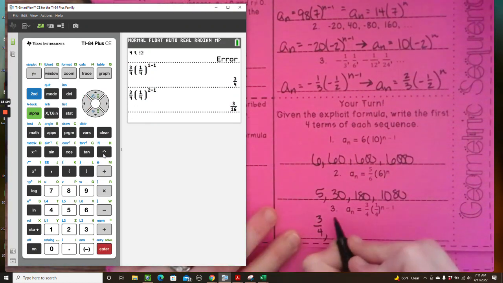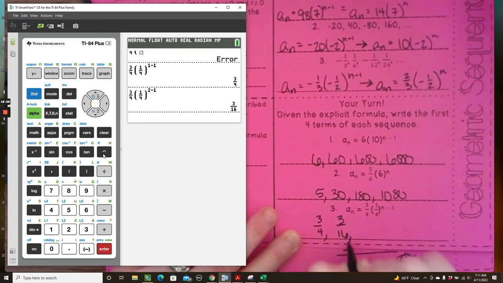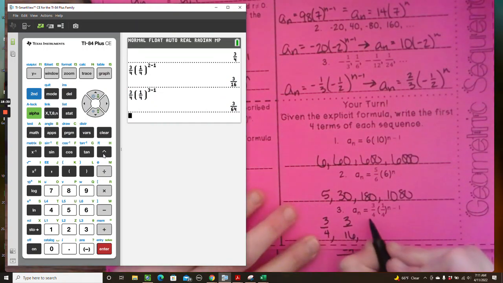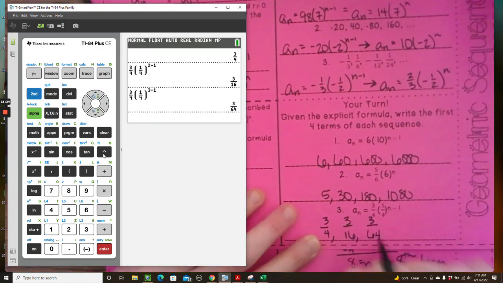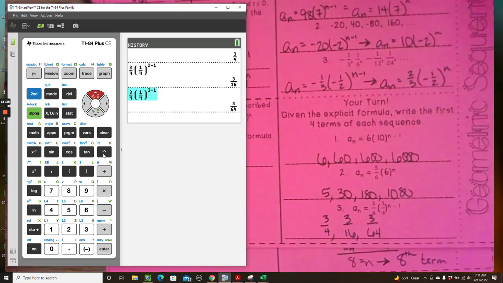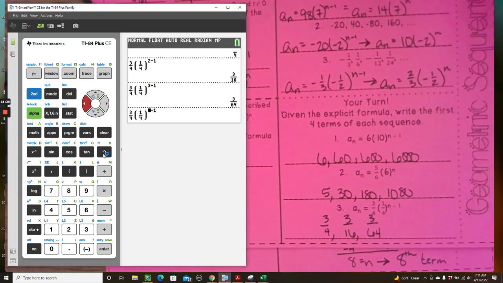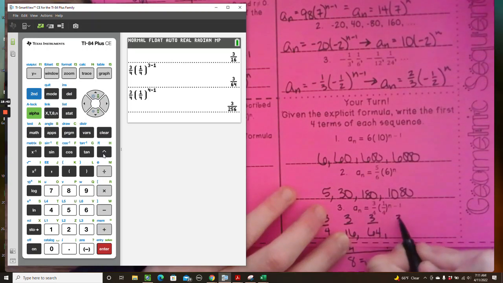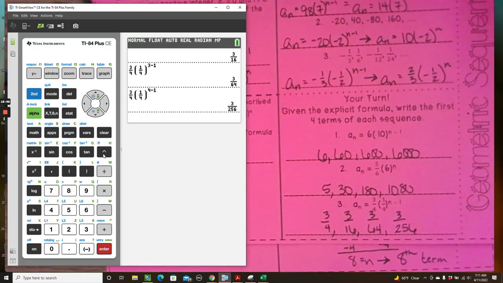Change it to a 2, we get 3/16. Change it to a 3, we've got 3/64, and then change it to a 4, and we've got 3/256.